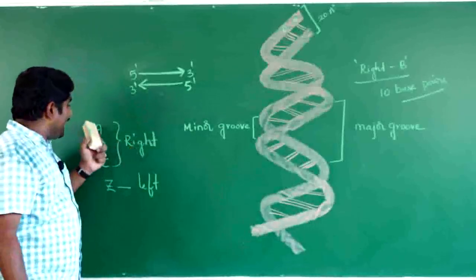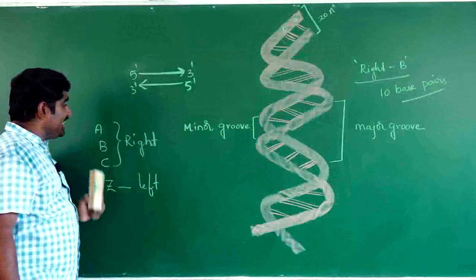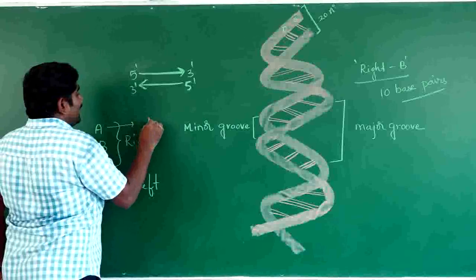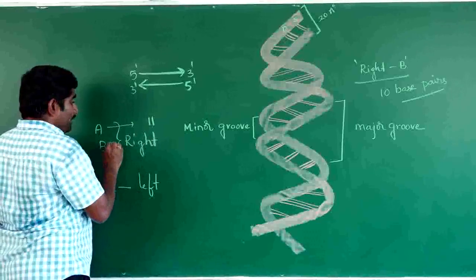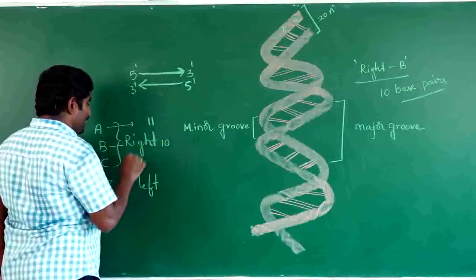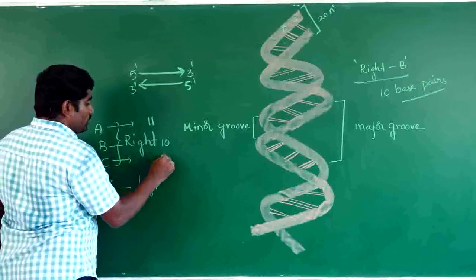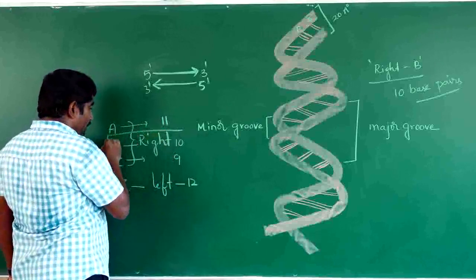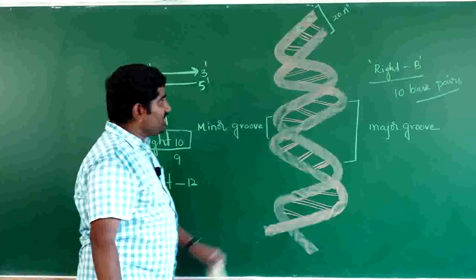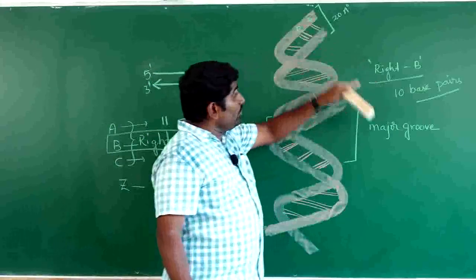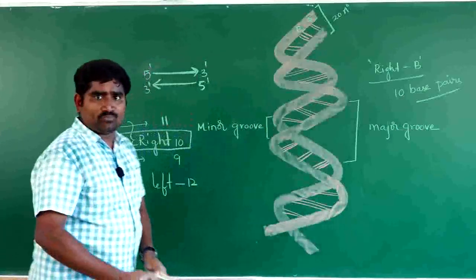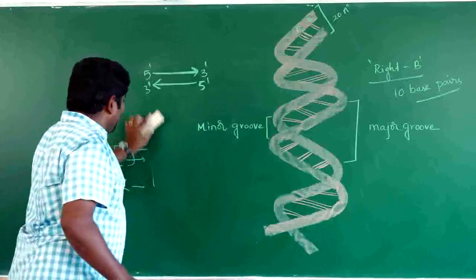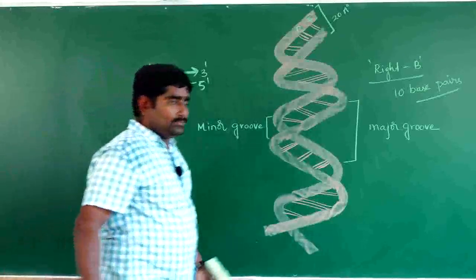A full turn contains 11 base pairs in A DNA, 10 base pairs in B DNA, only 9 in C DNA, and 12 in Z DNA. We are discussing the characters of B DNA, in which a full turn has 10 base pairs. Once again, there are four types of DNAs.